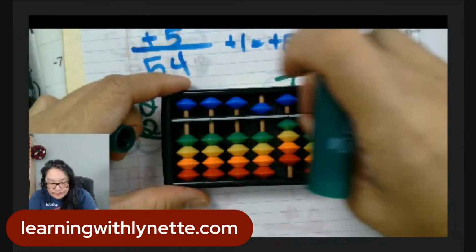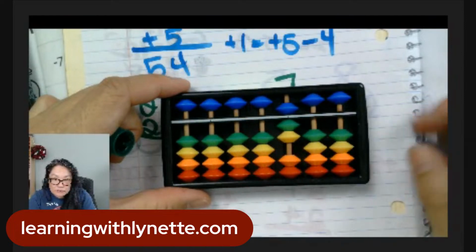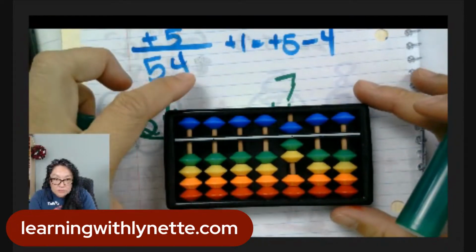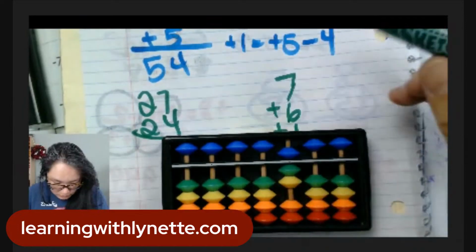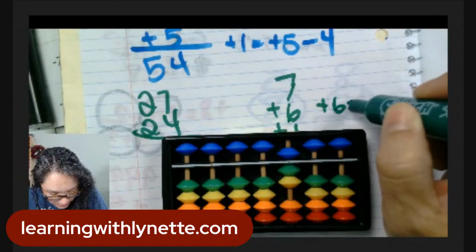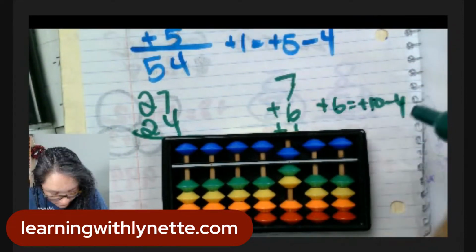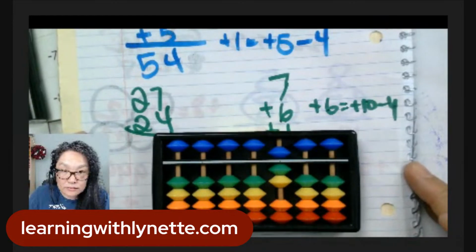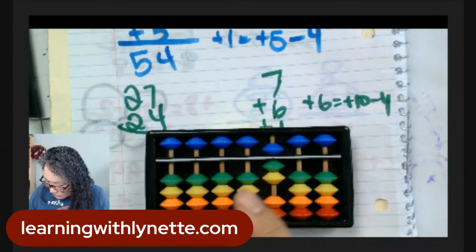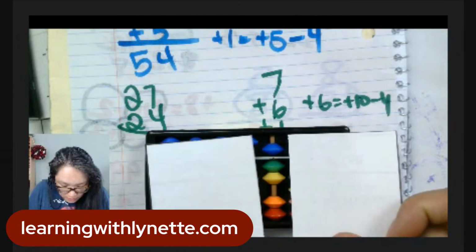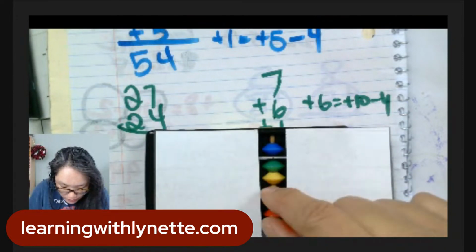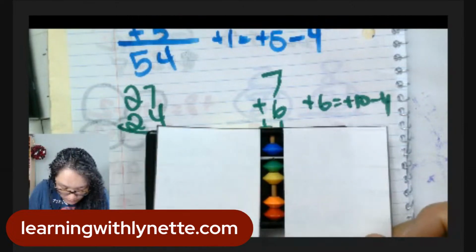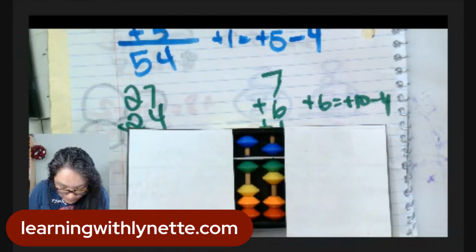So we have 7. 7 plus 6, we know how to add the 6. Plus 6 is equal to plus the 10 minus 4. So I'm going to add the 6. I'm going to plus the 10 minus the 4, because I know there are not enough beads. I'm going to plus the 10.